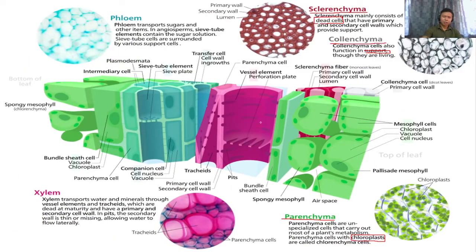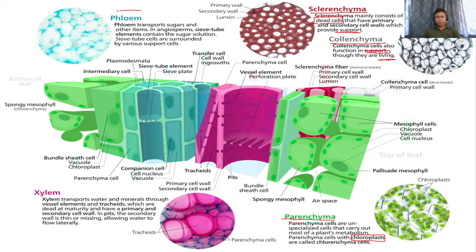Okay, so sclerenchyma support, collenchyma support, but they are live cells for the collenchyma. Sclerenchyma support, but they are dead cells. Collenchyma support living cells. Parenchyma, there is the presence of chloroplast allowing photosynthesis to take place.